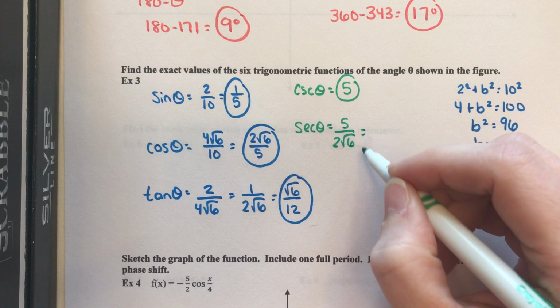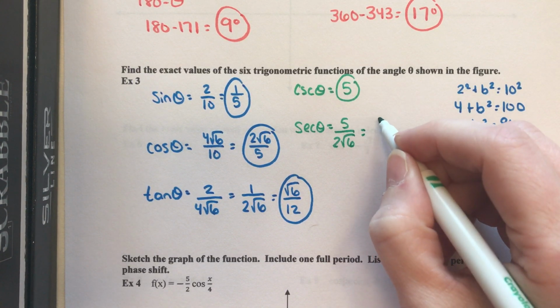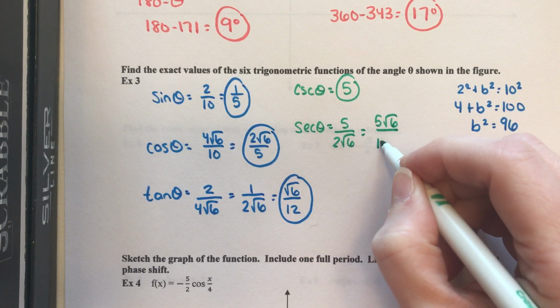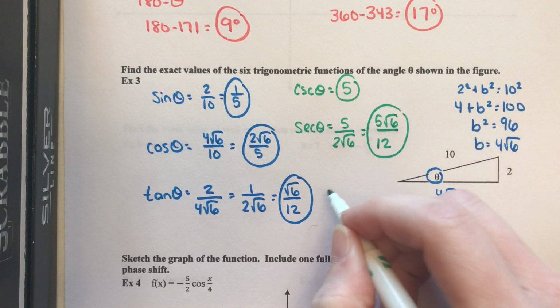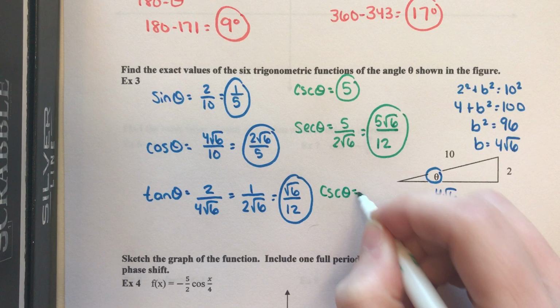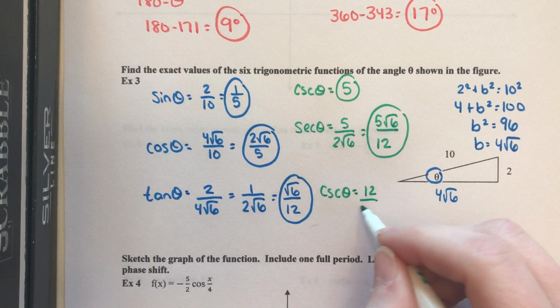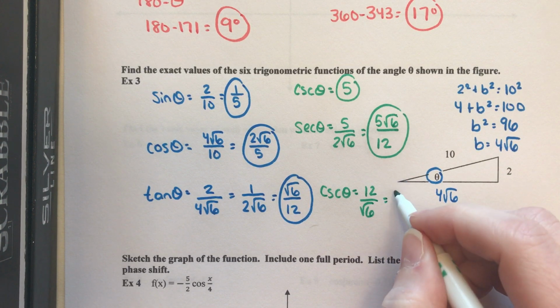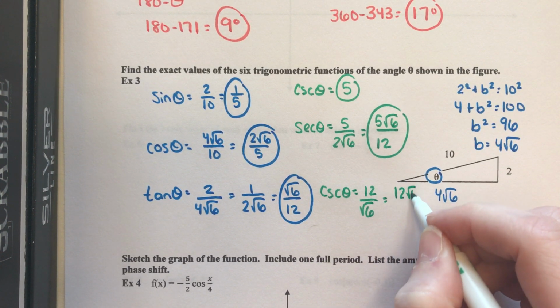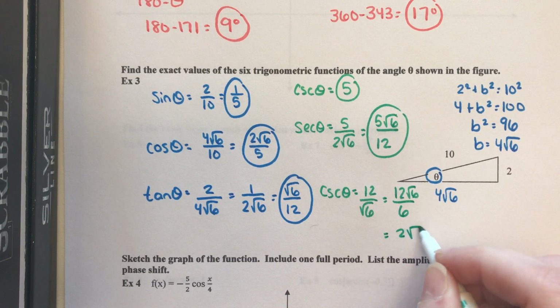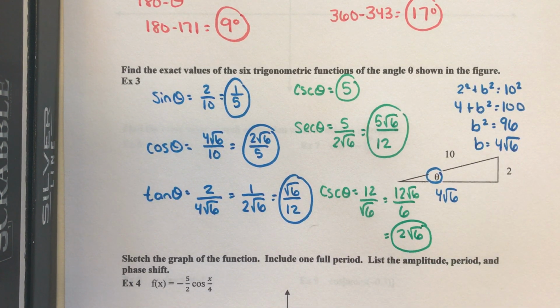So if I multiply the bottom and top by root 6, I get 5 root 6 over 6 times 2 is 12. And then cotangent, 12 over root 6. So that gives me 12 root 6 over 6, and that reduces to 2 root 6.